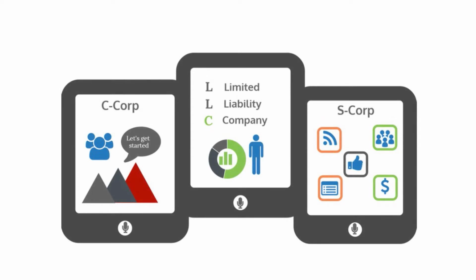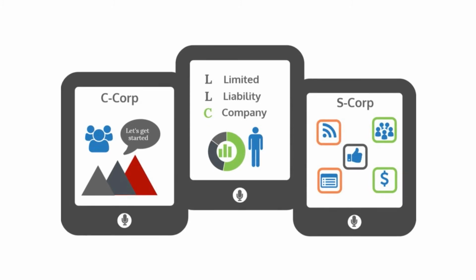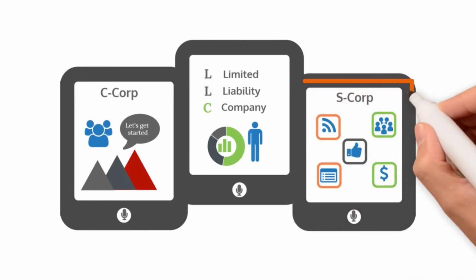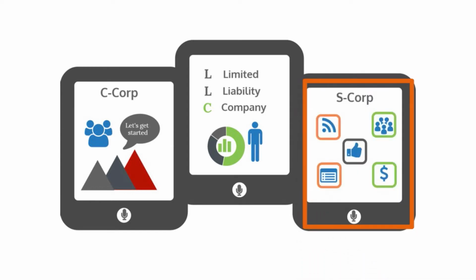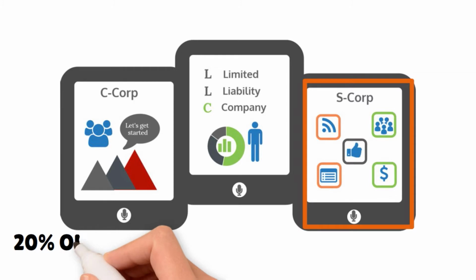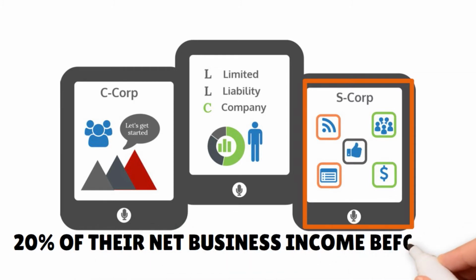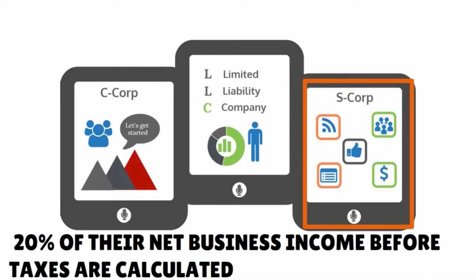In 2019, when a series of business tax cuts took effect, owners of S corporations and other pass-through entities were given the option to deduct 20% of their net business income before taxes are calculated. That's the QBI, the Qualified Business Income deduction, QBD.